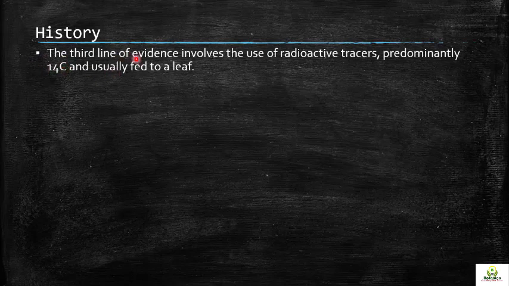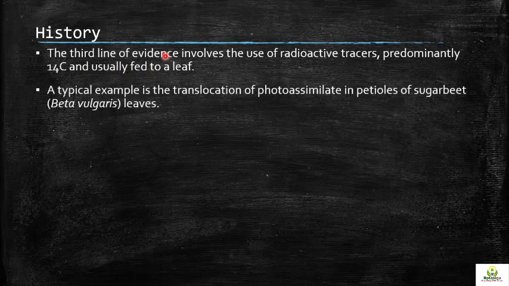So the third line of evidence is related to radioactive tracers, predominantly C14, carbon 14, which is a heavier isotope of C12, and it is fed to the leaf. A typical example is the translocation of photoassimilates in petioles of sugar beets.